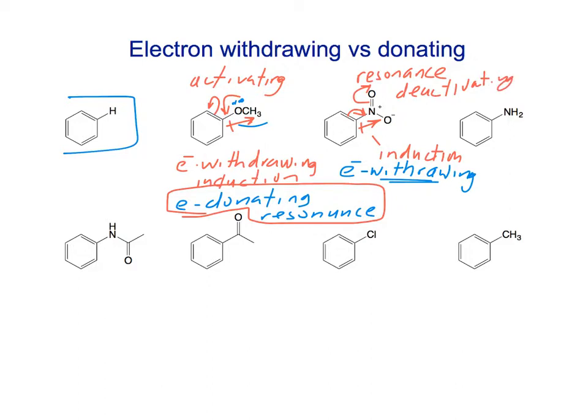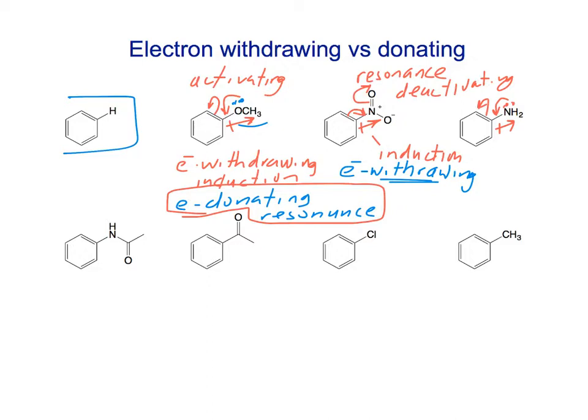Okay, what about the next one? What about the nitrogen there? The aniline, the amine. It can donate with the lone pair. That's true, right? So we have a lone pair here, can be an electron donating group by resonance. It also withdraws electrons by an inductive effect because it's also more electronegative than carbon is, right?